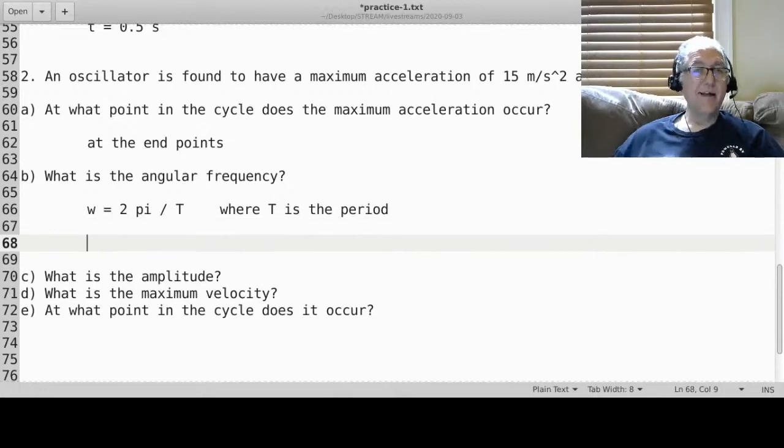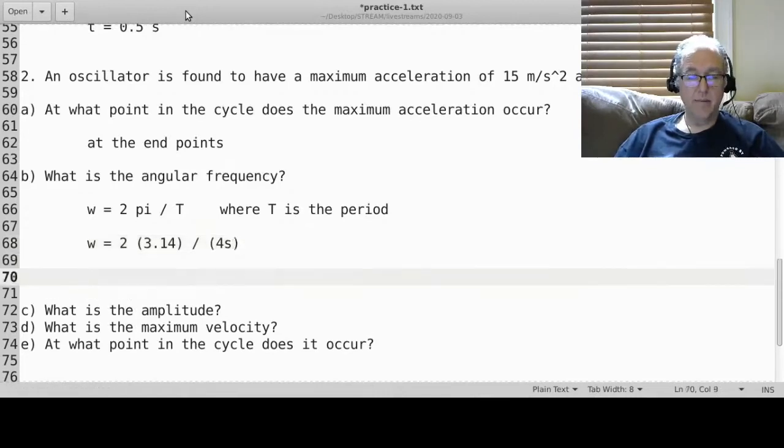That's easy enough because I told you the period is 4 seconds. So omega is equal to 2 pi, with pi approximately 3.14, divided by 4 seconds. I'll put the units in to show how they work out. Notice that the seconds are in the denominator.